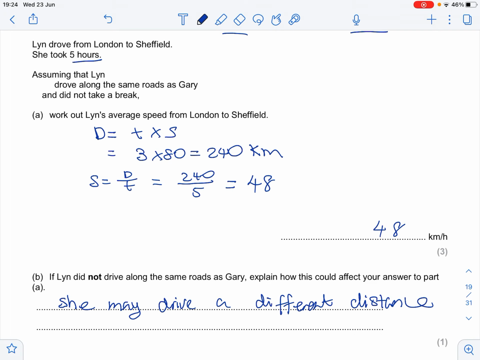If her distance was different, her average speed will also be different, because if she's traveling, for example, 300 kilometers in 5 hours, her average speed will increase.